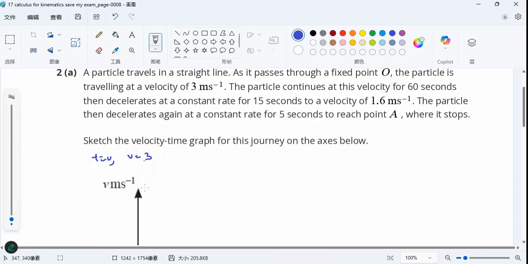So continue this velocity for 60 seconds, so until 60, then the v is 3. Then decelerate at a constant rate for 15 seconds. So t is 60 until 75.